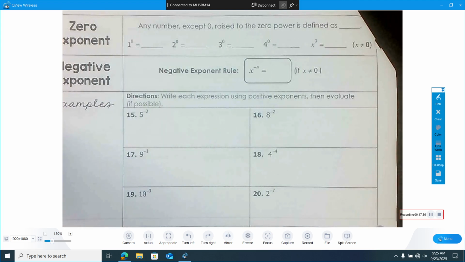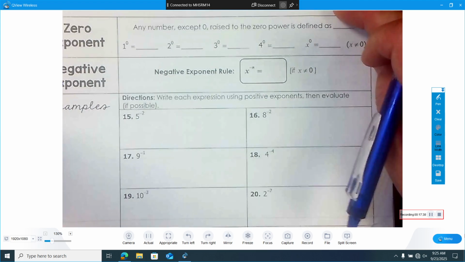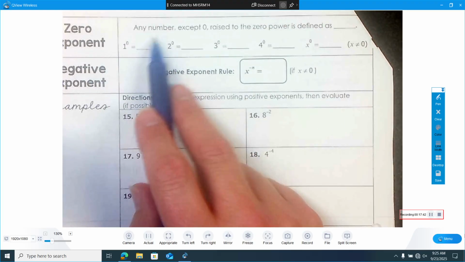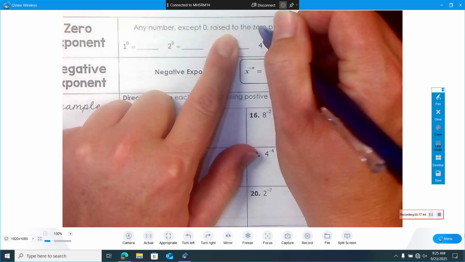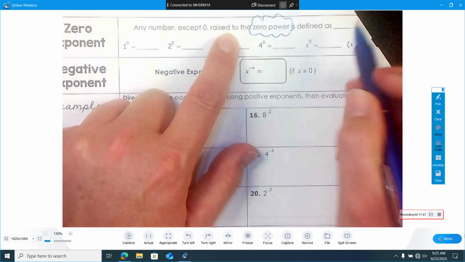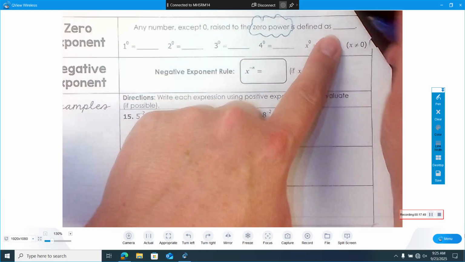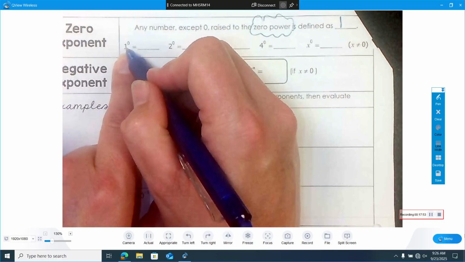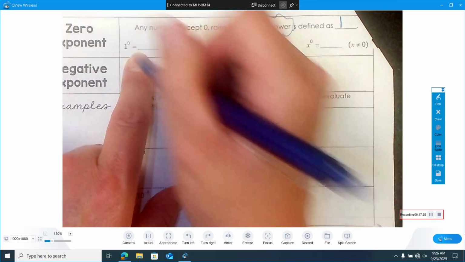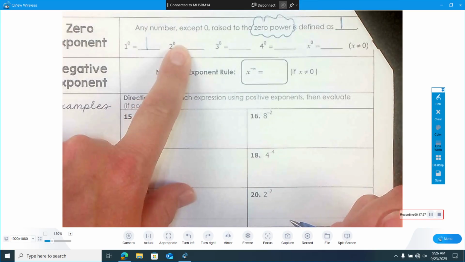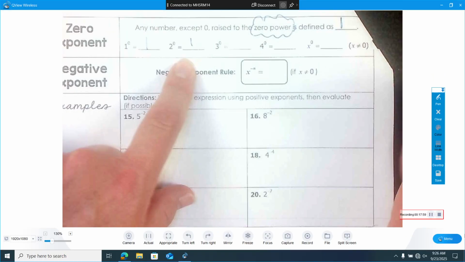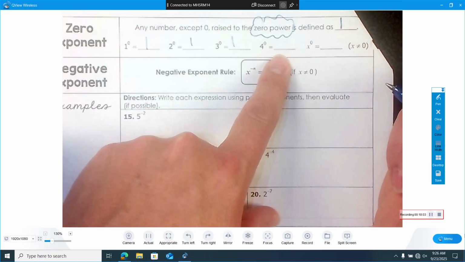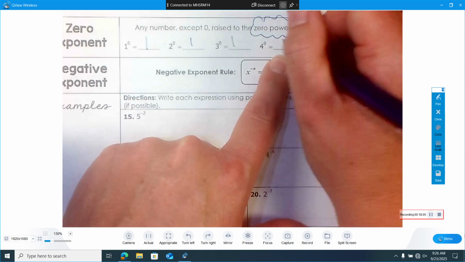All right. So the 0 exponent has a very special rule. Any number except 0 raised to the 0 power is defined as 1. Always. 2 to a power of 0 equals 1. 3 to a power of 0 equals 1. 4 to a power of 0 equals 1.